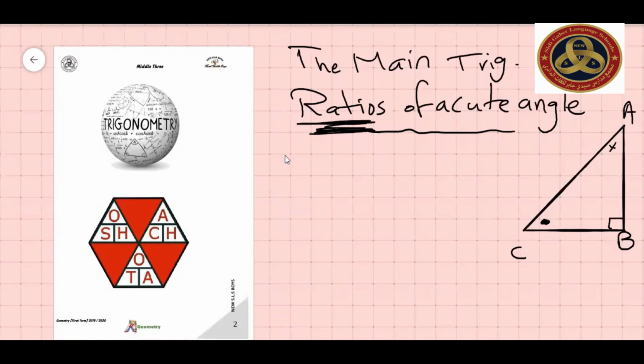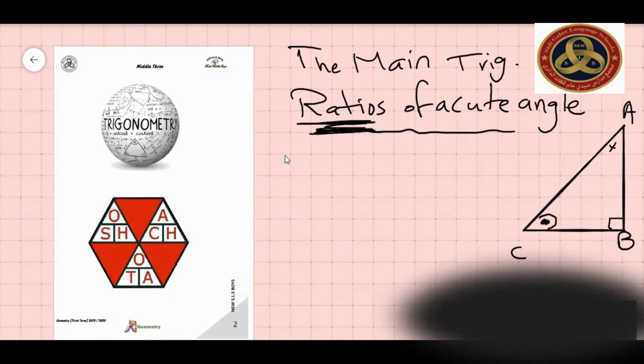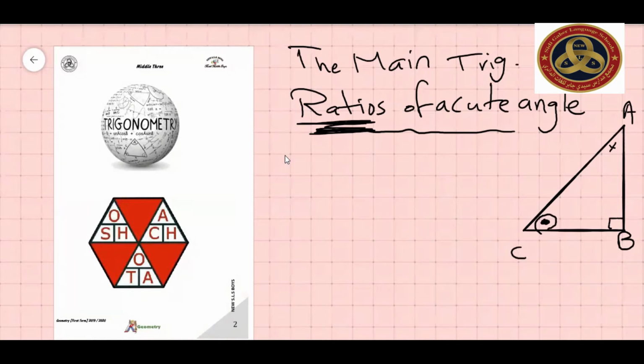Okay? First, when we talk about angle C, what will I do? I have to name the sides according to angle C. First, the side opposite to angle B, which is right, is called the hypotenuse.